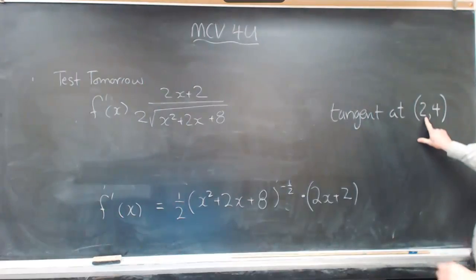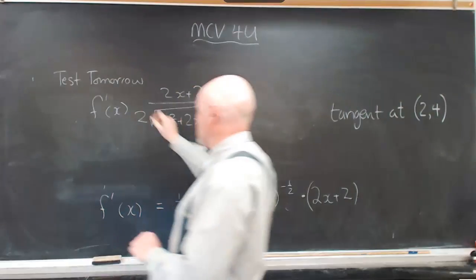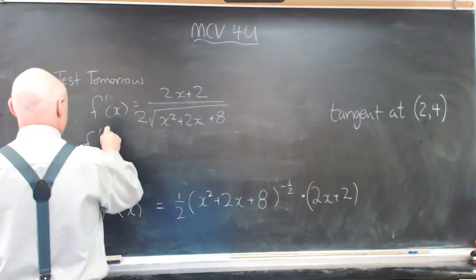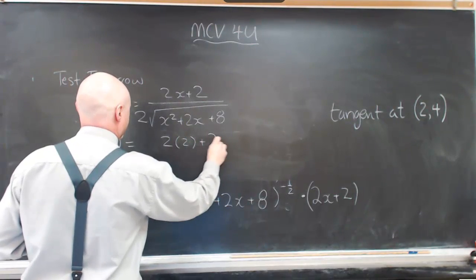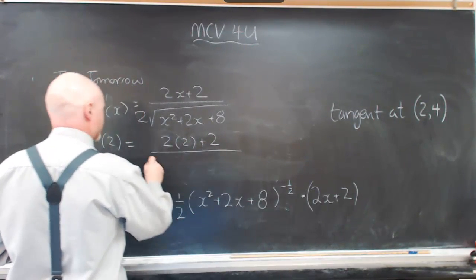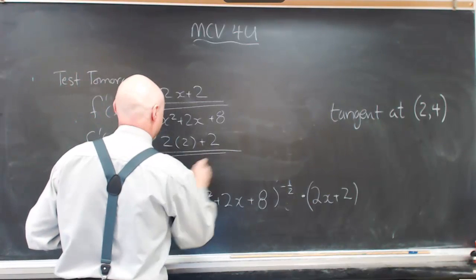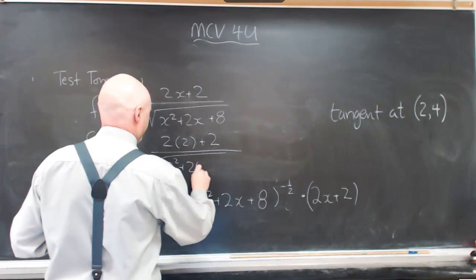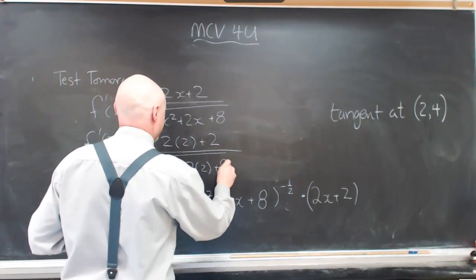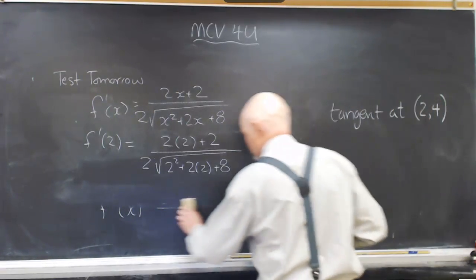So we're going to substitute the x coordinate of the point where we want the tangent. So we're actually going to go f prime of 2. Wow, there's a lot of 2's in this. Oh, did they all cancel? I did a quick investigation and they didn't. However, they do make a nice square root here.